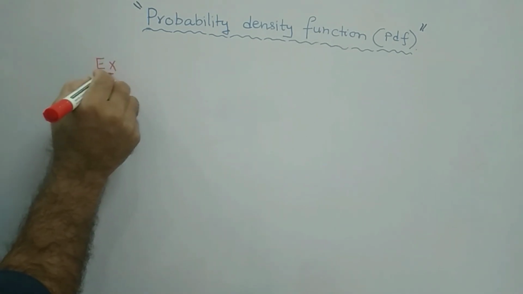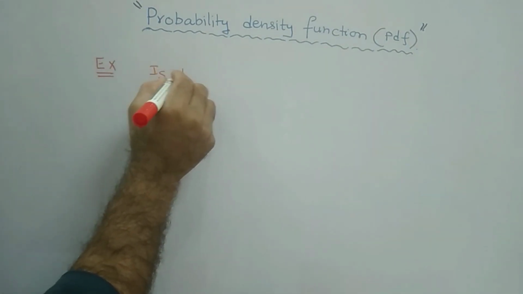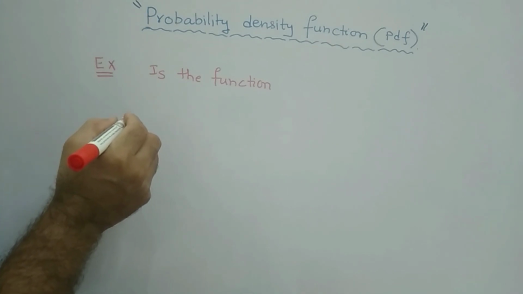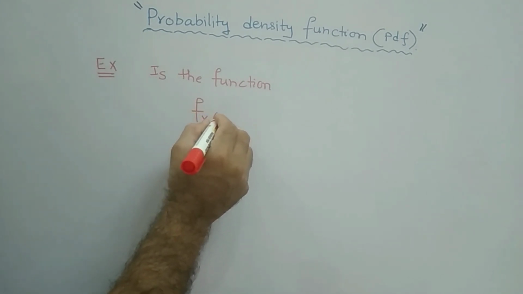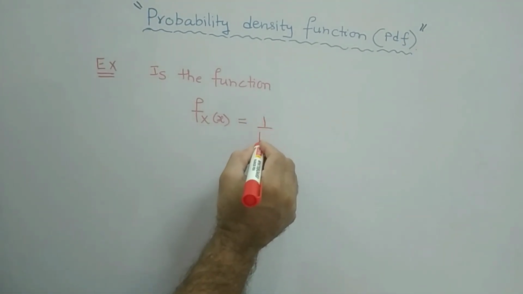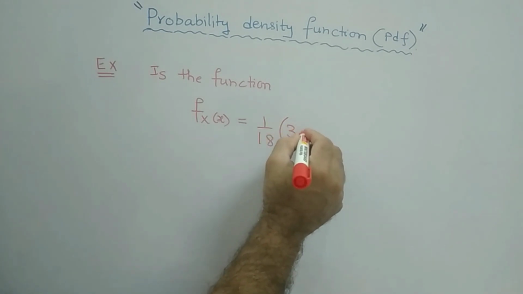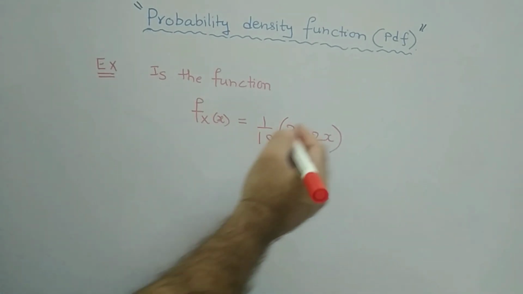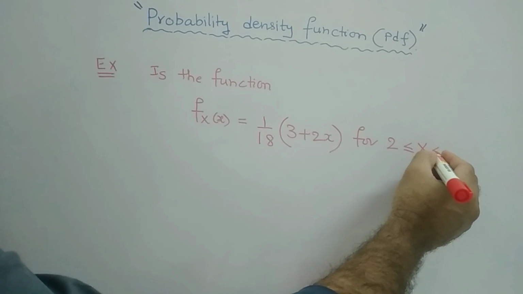Now write this example. The probability density function is f of x equal to 1 by 18 times (3 plus 2x) for 2 is less than or equal to x is less than or equal to 4.